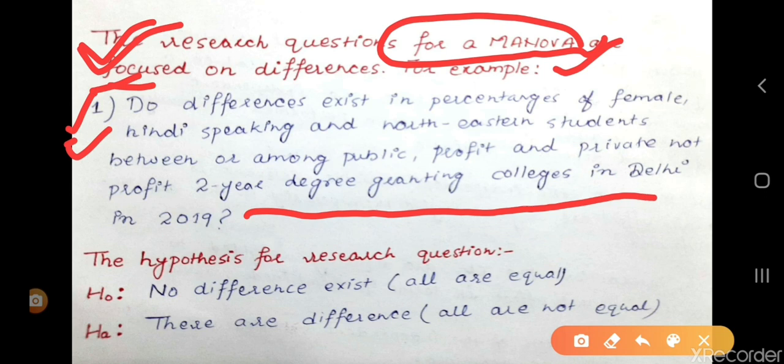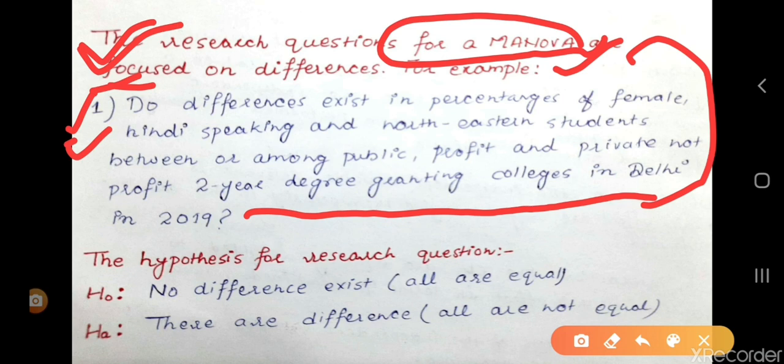This means the degree of these colleges differs based on the percentage of female, Hindi speaking and northeastern students.